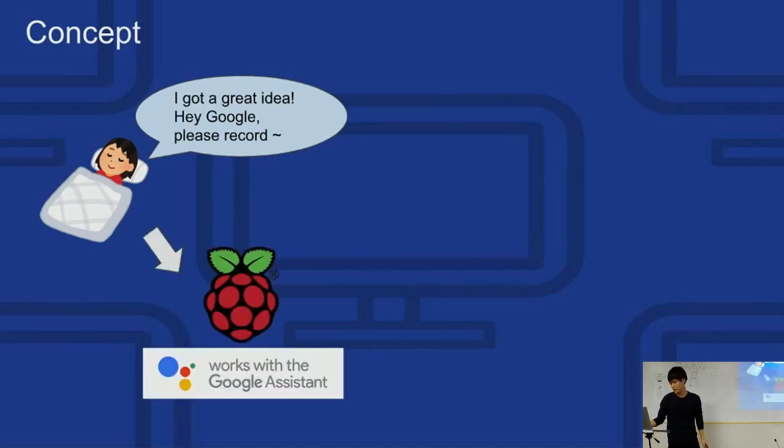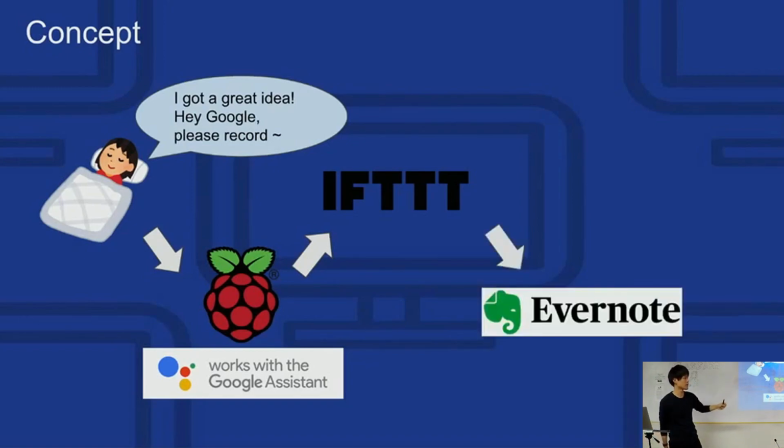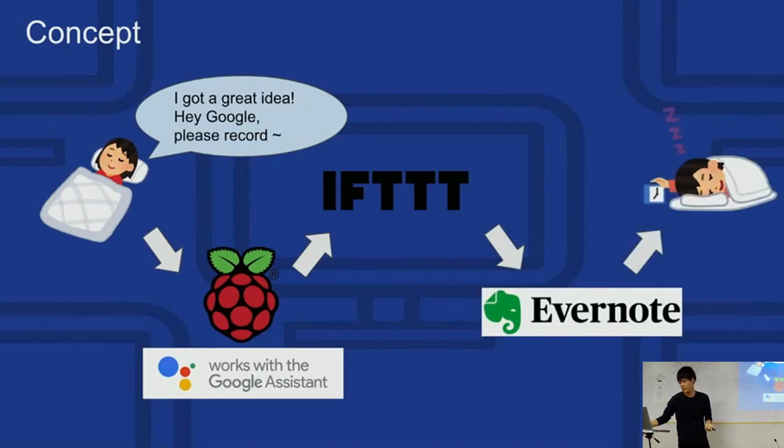Then your smart speaker listens to and recognizes your voice, hooks your command, and accesses Evernote, and Evernote creates a note. Yeah, you can fall asleep again. This is the application's concept.